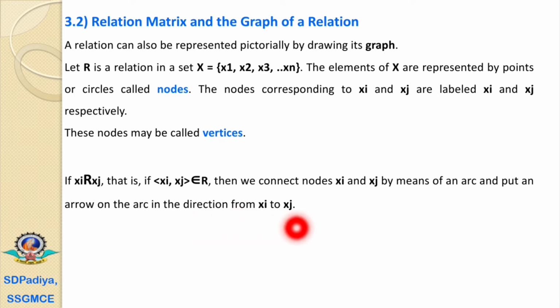This arc with the direction we also call a path. See, suppose we have two nodes xi and xj, and xi has a relation to xj. Then we show this relation with this line and with this arrow, that is, this path. Now its meaning is xi has a relation with xj. Its meaning is not that xj has a relation with xi, because the arrow is showing the direction.